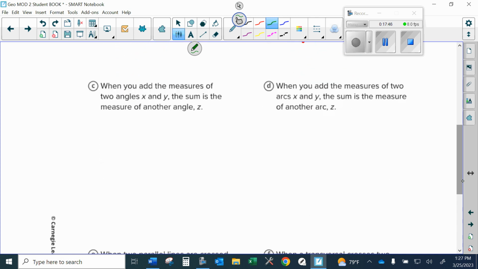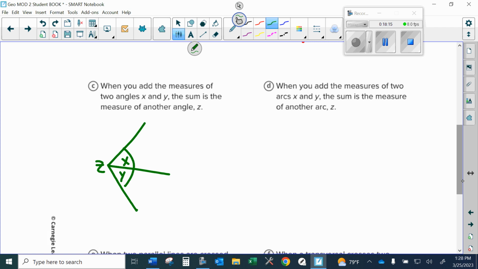When you add the measure of 2 angles, X and Y, the sum of the measures is the measure of another angle, Z. Okay, so let's call that angle X, angle Y, right there, and then the whole thing would be angle Z.